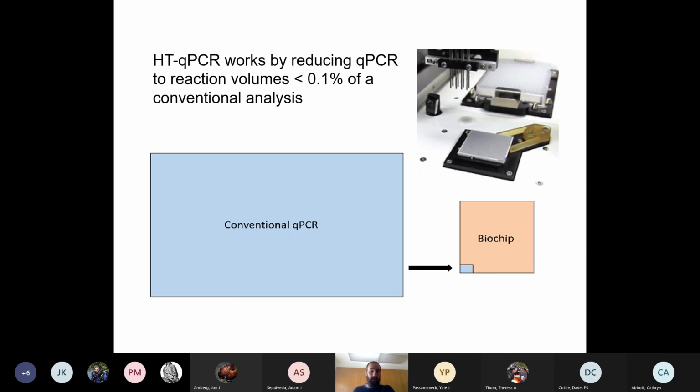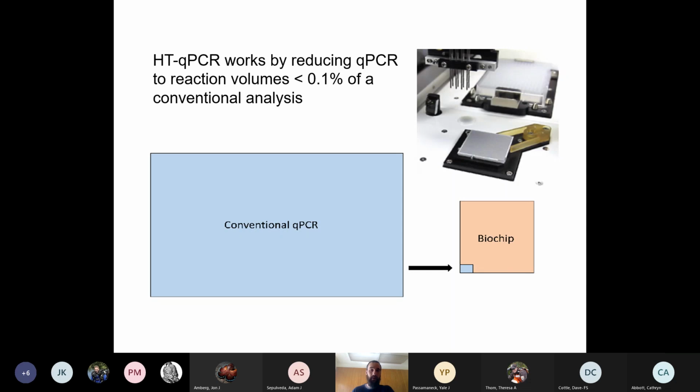On a high throughput biochip, shown by the orange square here, those 96 reactions take up a small proportion of the about 5,000 reactions that we can run in parallel. So that's going to be this little blue inset in the bottom left corner of the chip. We have an actual picture of these in the top right of this slide. In the background, you can see a plastic PCR plate.